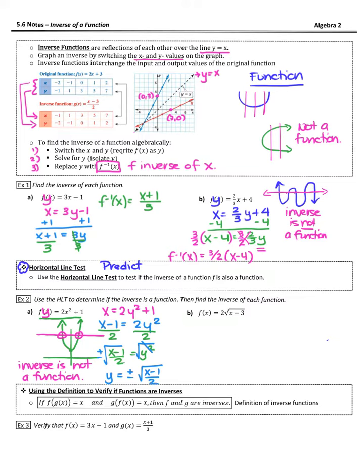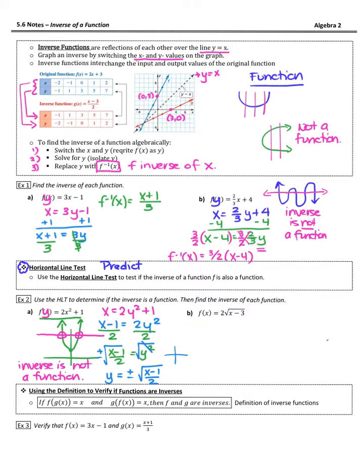Now, we have not really looked at sideways parabolas, and we have not done the graphing of radical functions yet. So I don't expect you necessarily to know how to graph these. I'm just giving you these examples to show you visually. There's no expectation that you're going to know how to graph these yet. But if I were to graph that, well, actually, let me go back.